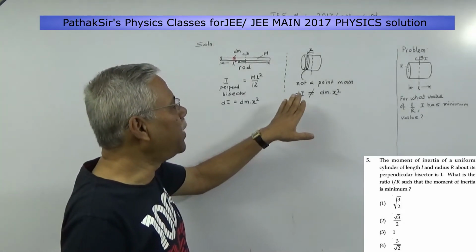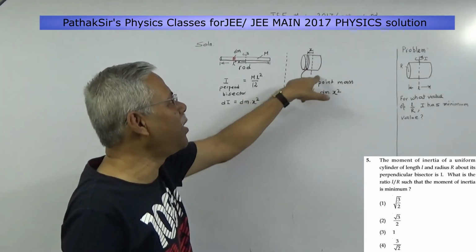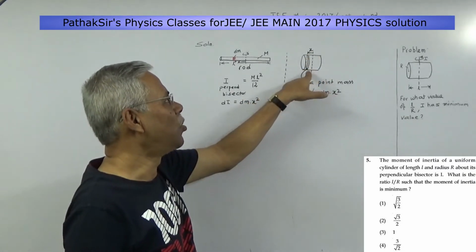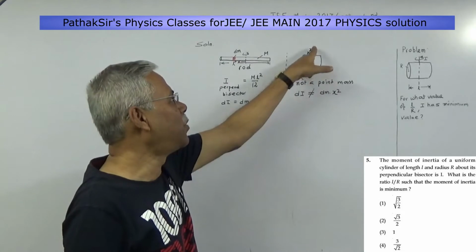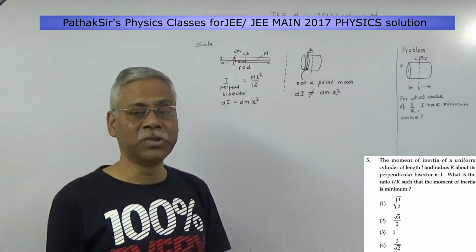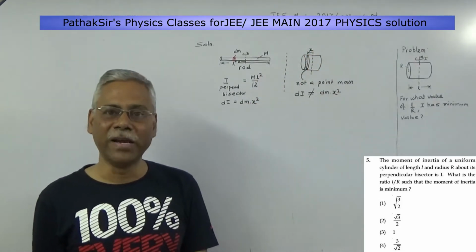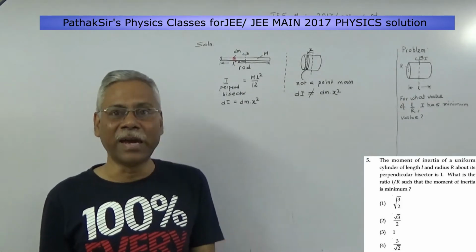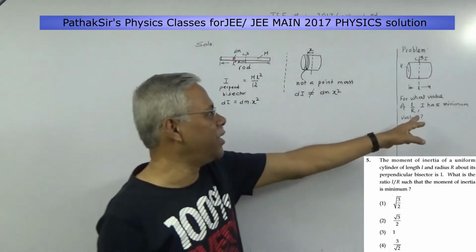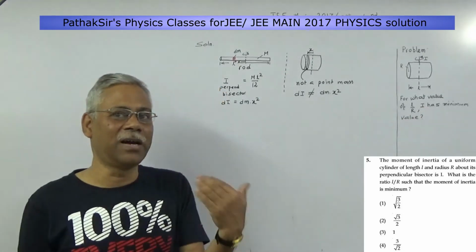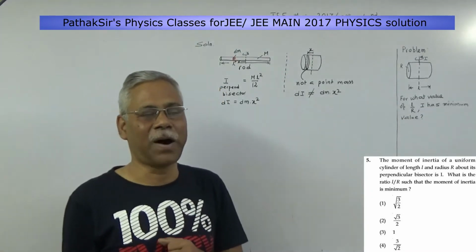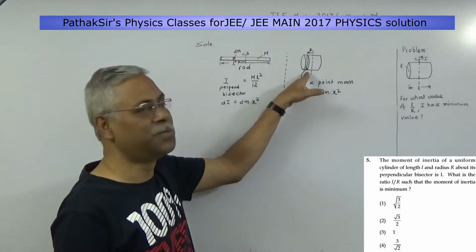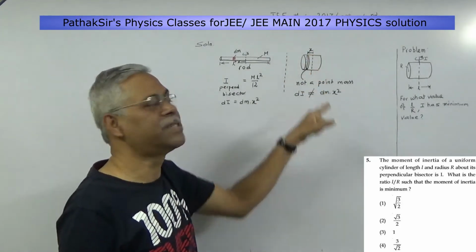So, in the absence of a ready-made formula for the moment of inertia of such a cylinder about such an axis, we'll have to find a formula. Then we'll think about the maximum-minimum question, which will come in the second part. First we have to find the moment of inertia of this body about this axis of rotation.